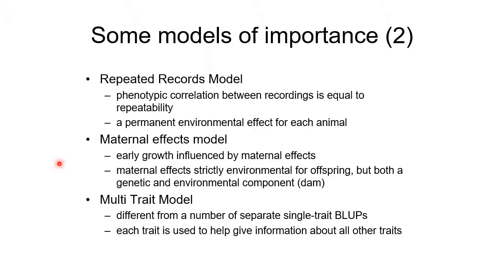Then a very important model, and we'll talk a little bit more about this later, is the so-called maternal effects model. We know that, for example, in young animals suckling on their dams, beef cattle, piglets on their dam, or lambs on the ewes, early growth is to a large extent influenced not only by the additive genetic merit of that young animal, but also the additive genetic merit of the dam that suckles that calf or lamb or piglet.